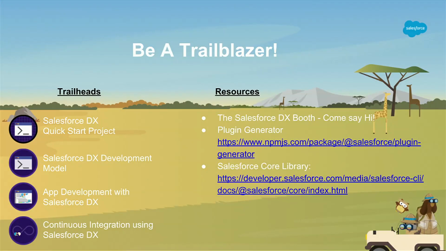So how do you learn more about this? Clearly, there's Trailhead. We don't have a specific plugin generator Trailhead yet. That's on the list of things to do. But there's a lot of other things that you can do around DX if you're just starting your journey with DX. And also, there are some resources here.